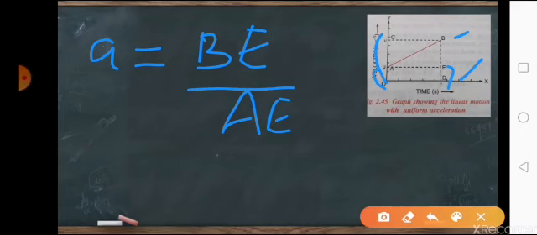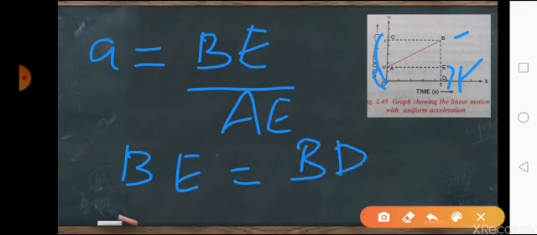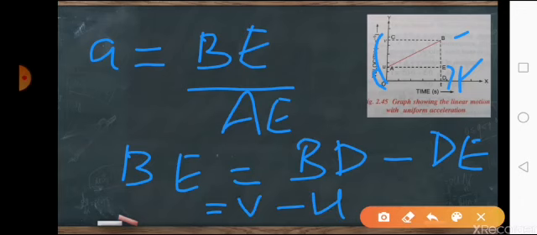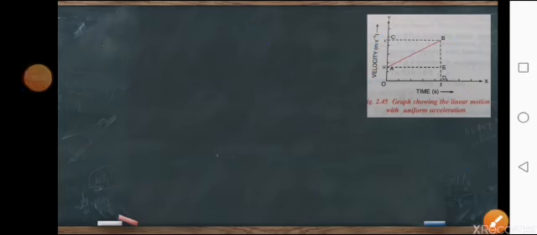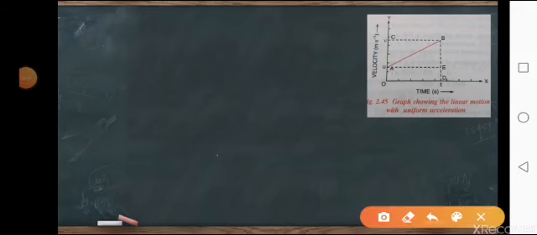Now, if you know BD total and if you know ED, you can find BE. BE will be equal to BD minus DE, or you can write it as V minus U, right? Hope you got it. Now, with that condition, the slope, that is acceleration A, will be equal to BE by AE.